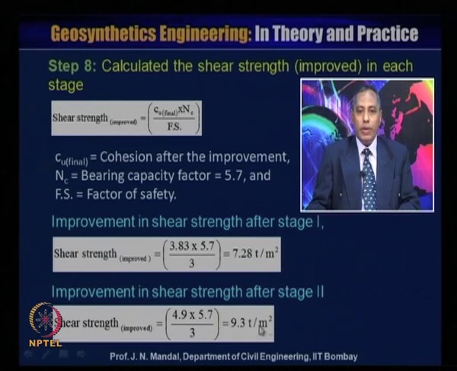Now, improvement in shear strength after stage 2: Cu is 4.9, into Nc 5.7, divided by factor of safety 3, that means 9.3 ton per meter square. So, you can see stage wise how the shear strength value improves.